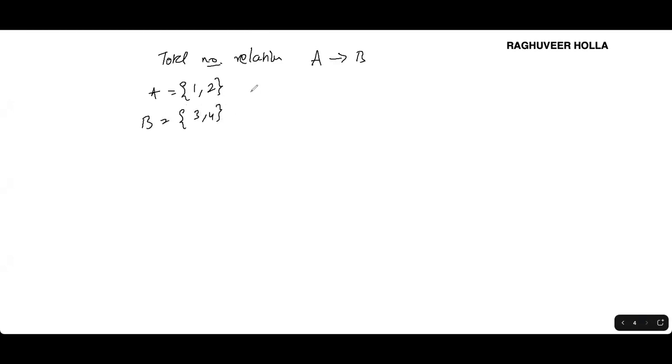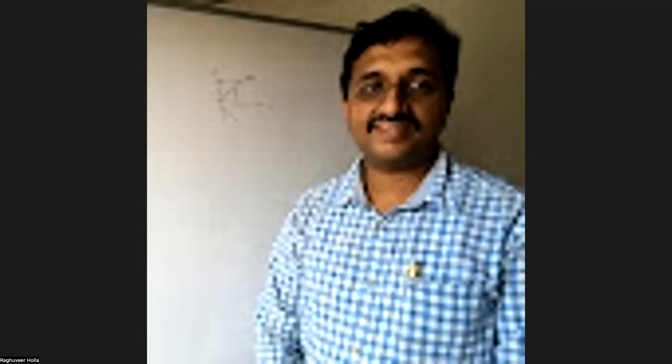So here you can see two elements each. So the number of relations from A to B will be 2 to the power of m into n, which is 2 into 2, which is 2 to the power of 4. And we'll have a look at the second one.